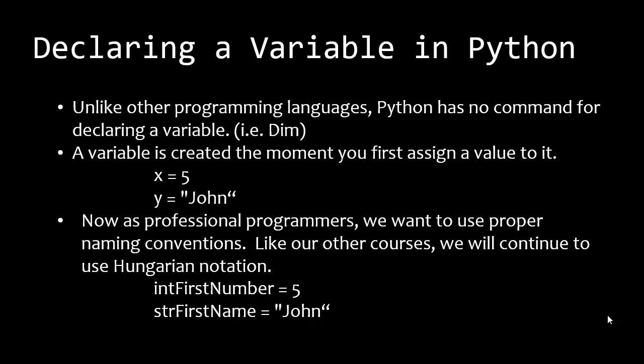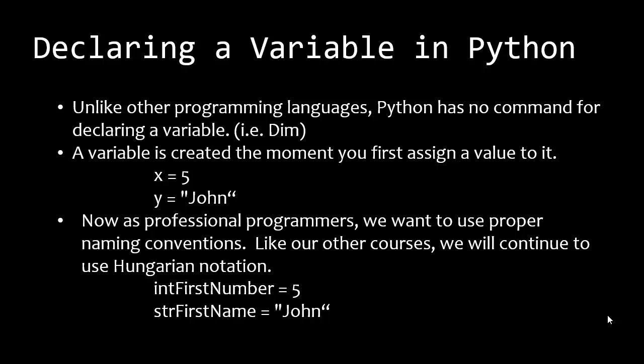In this case, lowercase int is the Hungarian notation for an integer. Do not abbreviate the name. Sit back and spell it out: First Number, first being one word, number being the second. Capitalize the first letter of each of those words. Does that make sense? Very easy to read.